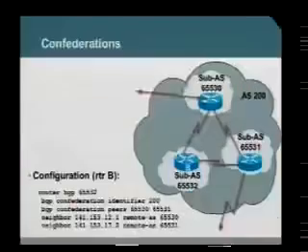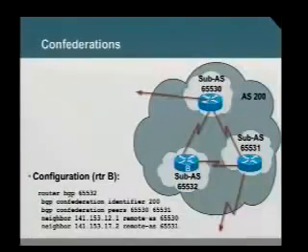Your AS200, and we'll split AS200 into 3 sub-ASs. So you've got 65530, 65531, 65532. Here's a configuration snippet to show you the sort of configuration example. Your router, of course, will sit within the sub-AS.